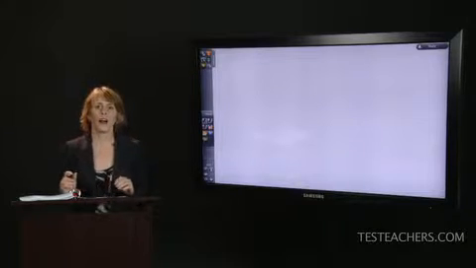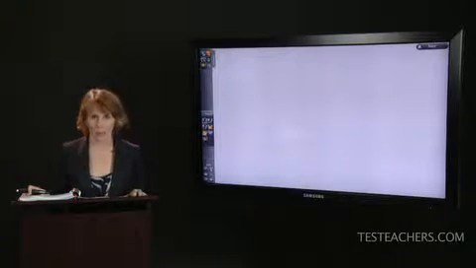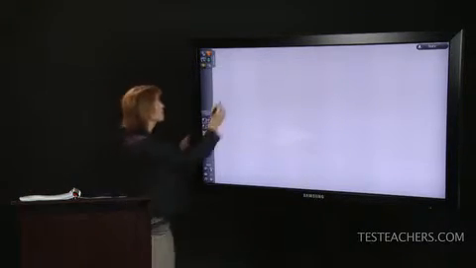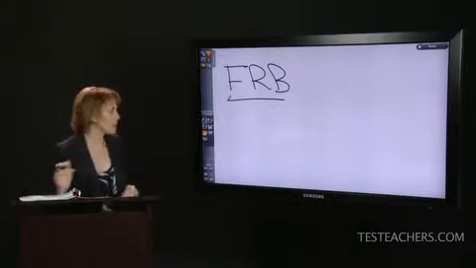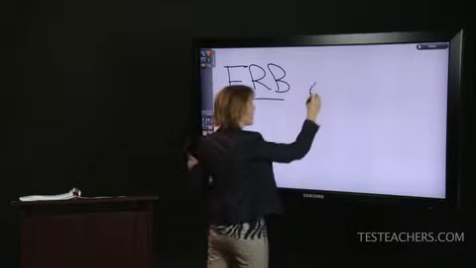Now we get to move on to monetary policy. The Federal Reserve Board. So the Federal Reserve, headed by Ben Bernanke, sets what is called monetary policy.